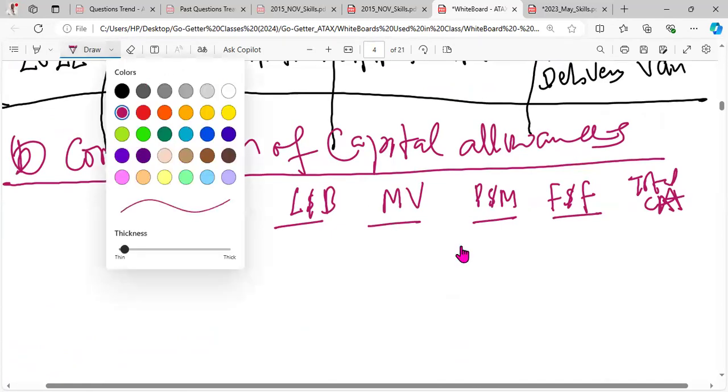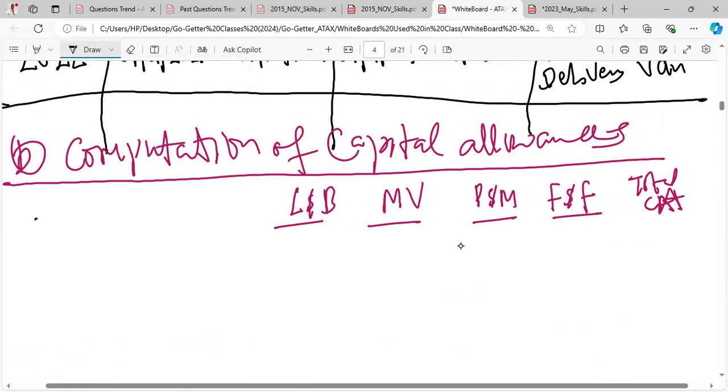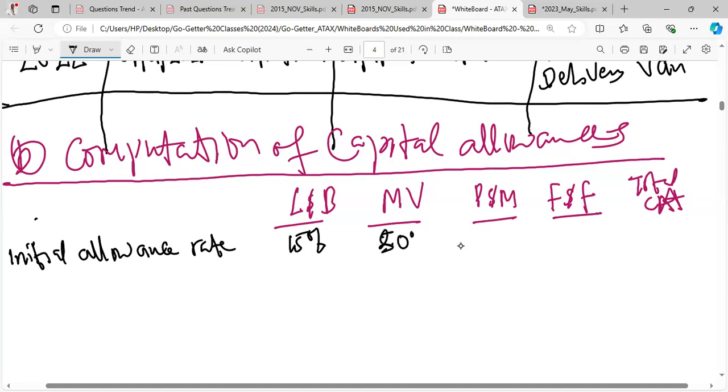So the next thing I'm going to do now is I'll put the initial allowance rate. Land and building is 15%. Motor vehicle is 50%. Plant and machinery is 50%.